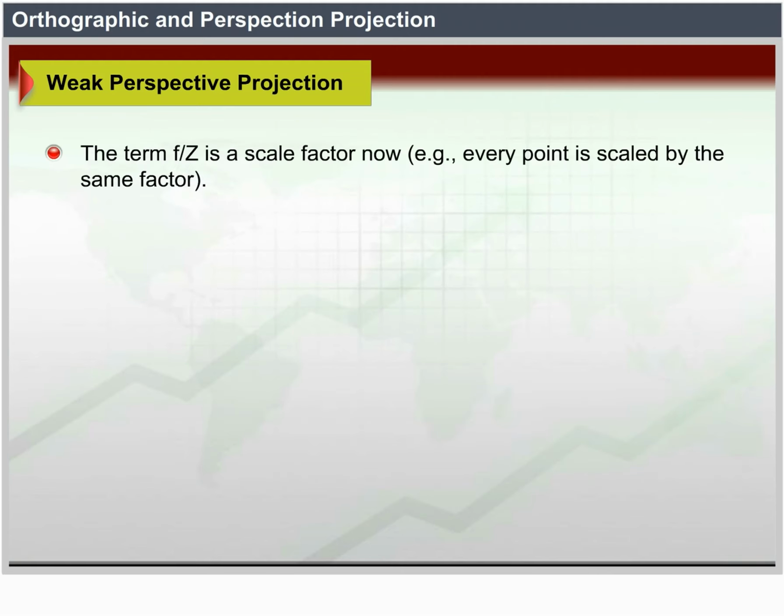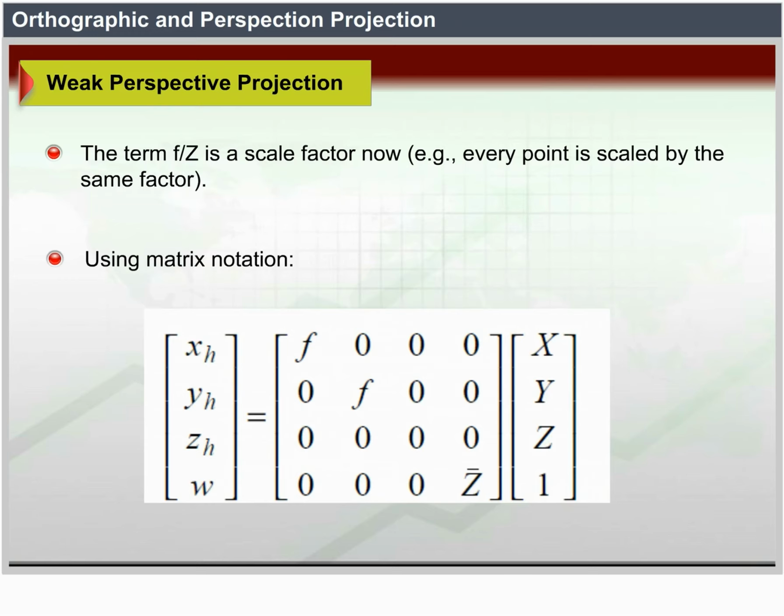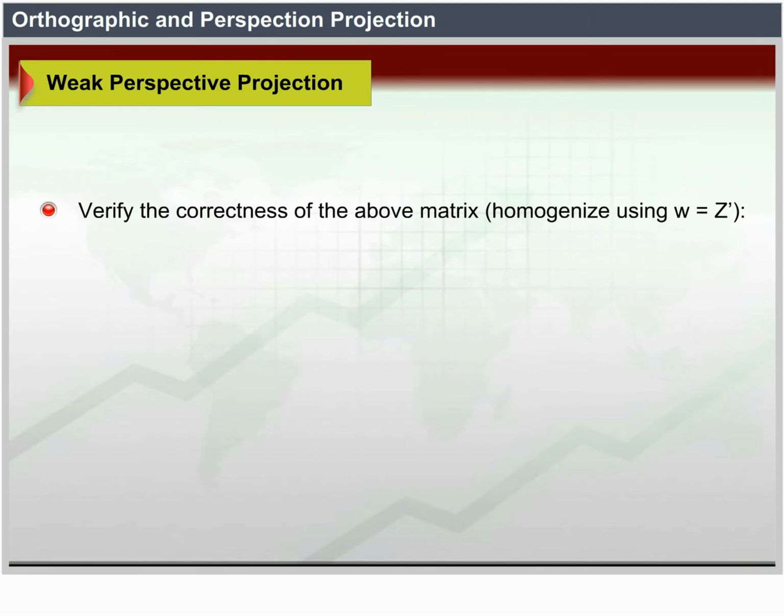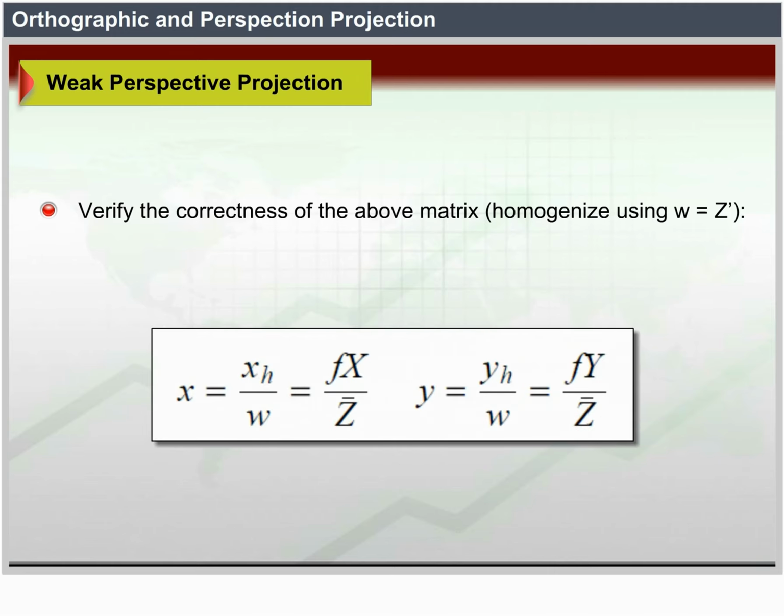Using matrix notation, (xh, yh, zh, w) equals the matrix [f 0 0 0; 0 f 0 0; 0 0 0 0; 0 0 0 z bar] times (X, Y, Z, 1). Verify the correctness of the above matrix. Homogenize using w equals z bar. x equals xh by w equals fX by z bar. y equals yh by w equals fY by z bar.